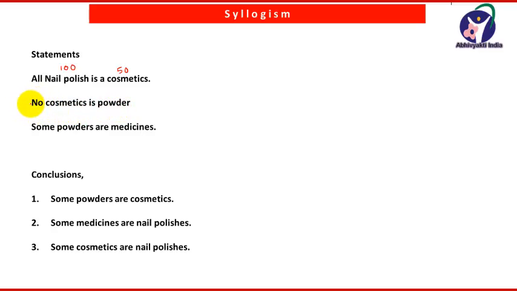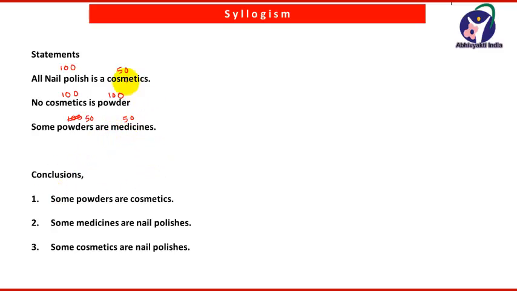Here the statement begins with no. In this case we give both subject and predicate the number 100. Now statement 3 is some powders are medicines. When a statement begins with some, we give 50 to the subject and 50 to the predicate.